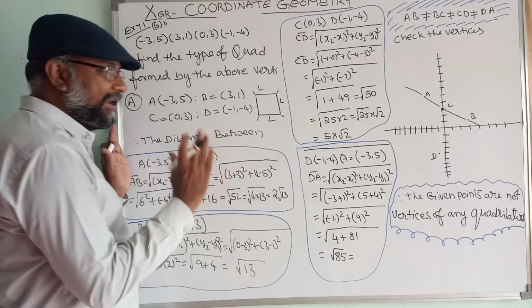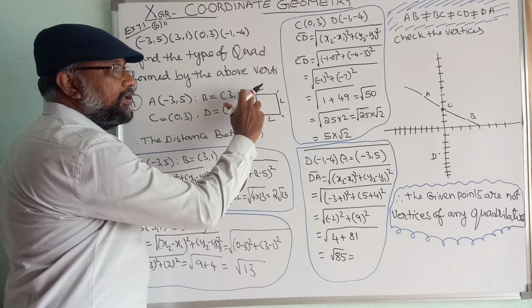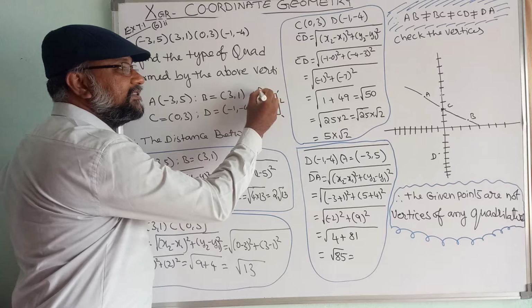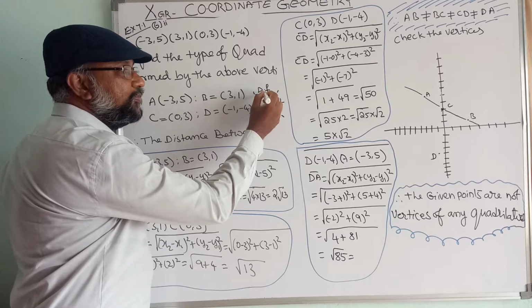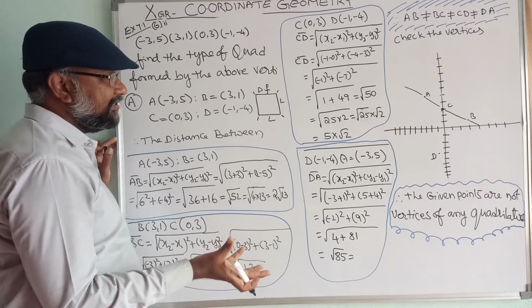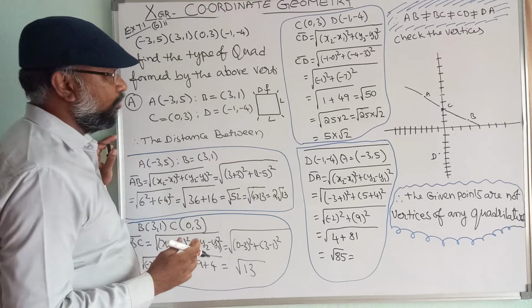Length means, here we have a point and here we have a point. We will use the distance formula, the distance between two points. Length is nothing but the distance between 2 points.